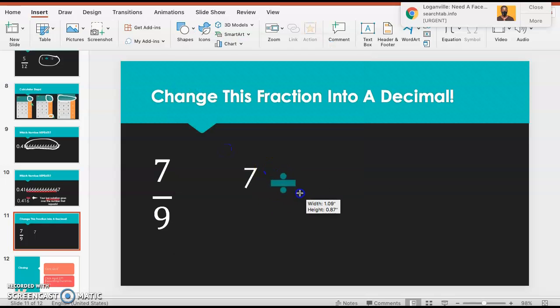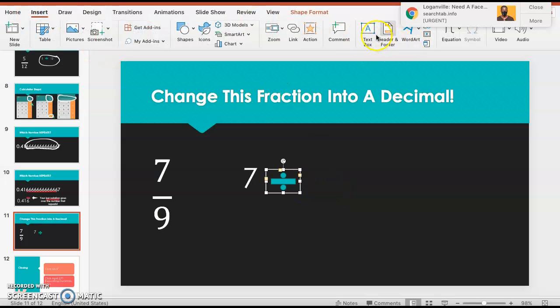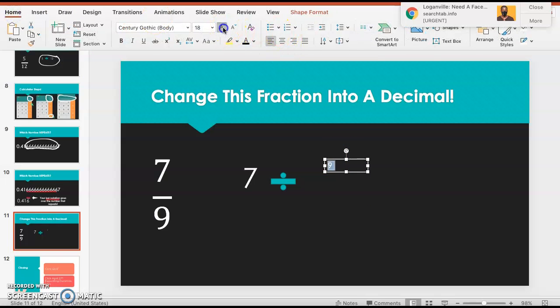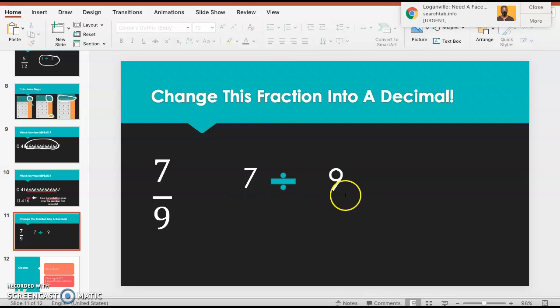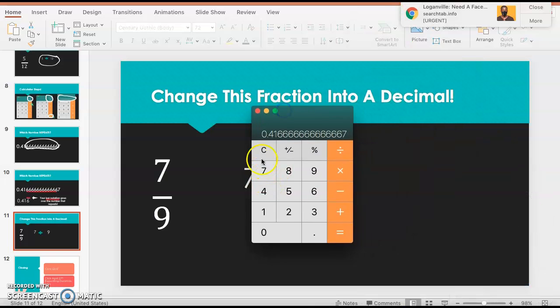So 7 divided by 9. If you see 7 over 9, that really means 7 divided by 9. So we just use these calculator steps that we used before to solve. Let's do it in our calculator.